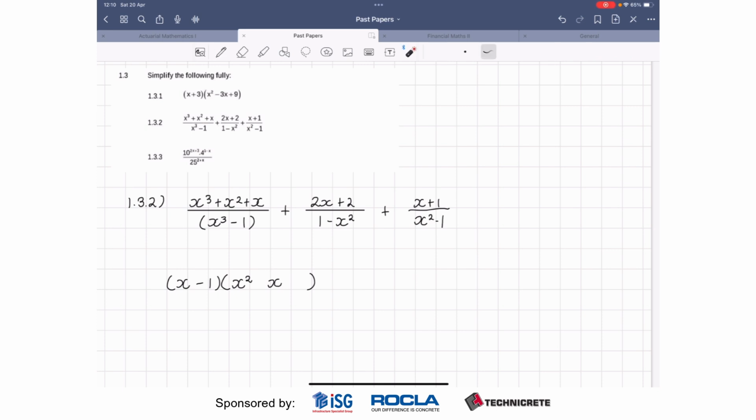And then my sign for this term is going to be the opposite sign of what I have in the first bracket. So instead of having negative, I'm going to have a positive here. And then for my last term in the second bracket, I'm going to have the second term of the first bracket squared. So minus 1 squared is positive 1. Okay, that's my denominator for the first one, and my numerator stays the same.